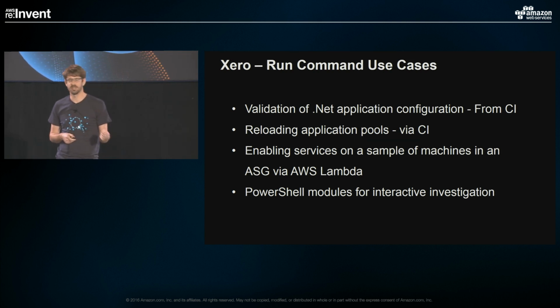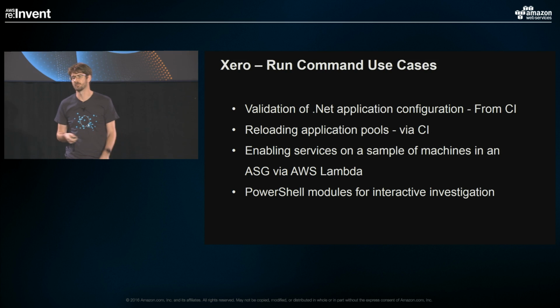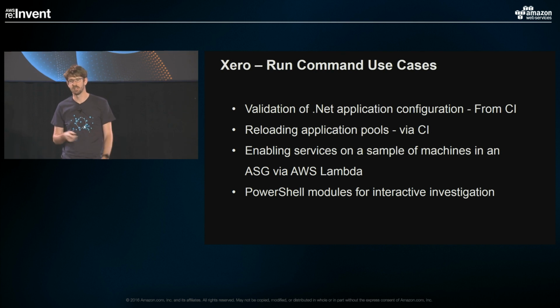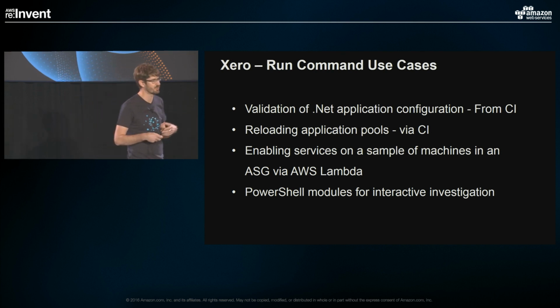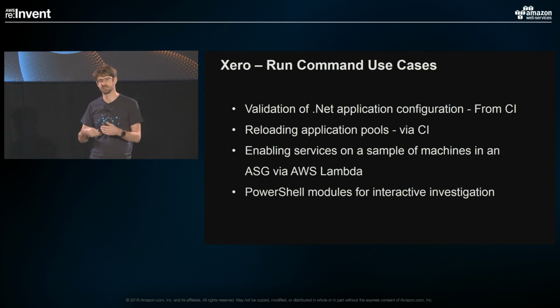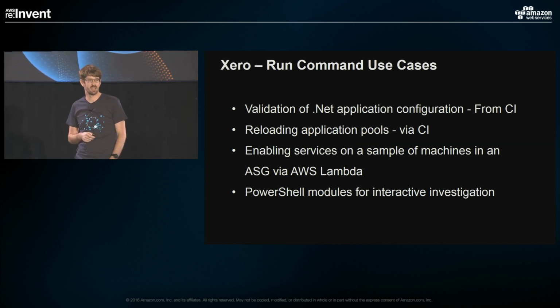We also wanted to enable services on a sample of machines. In this case, detailed performance monitoring and in-depth analysis things. So we don't want to have it running on everything, but in a system where you've put a lot of effort into making sure that you've got a very consistent, repeatable process to construct these things in a dynamic environment, there's no first one, there's no last one of these things.